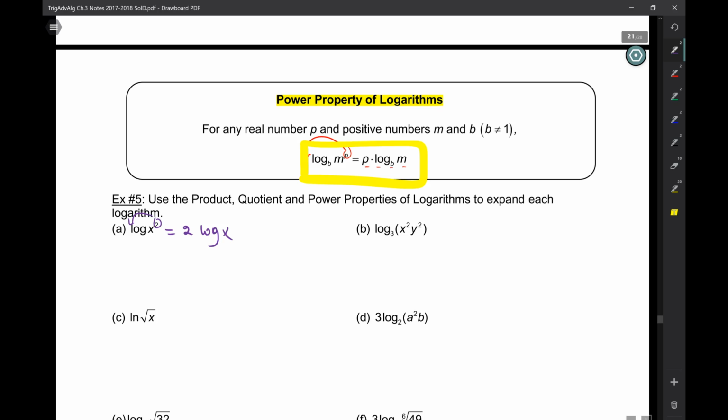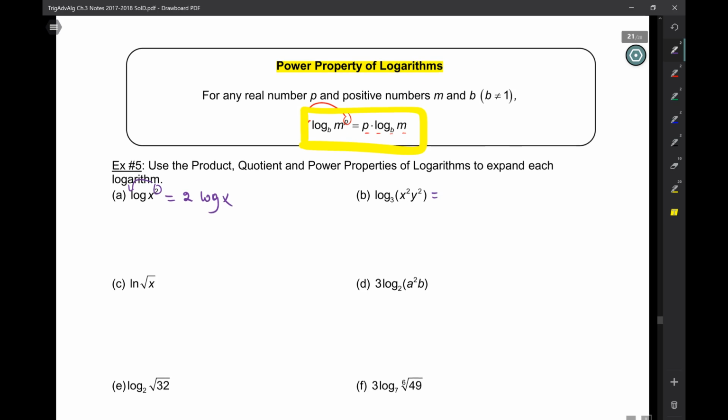That's all. Okay? So now, let's take a look at this next one. How many elements are inside the log here? You have an x squared and a y squared. That's 2, right? So you're going to end with 2 logarithms. Log base 3 of x squared plus log base 3 of y squared.